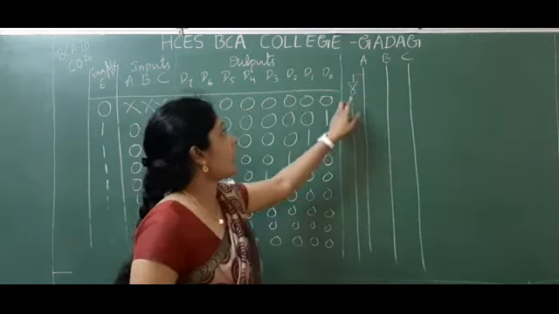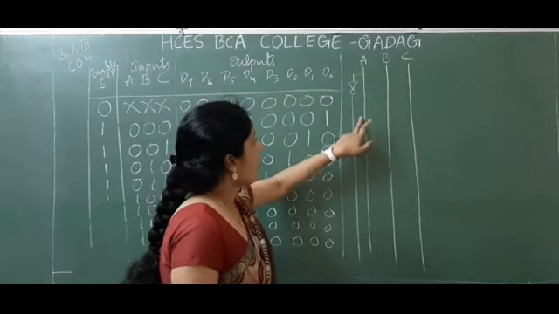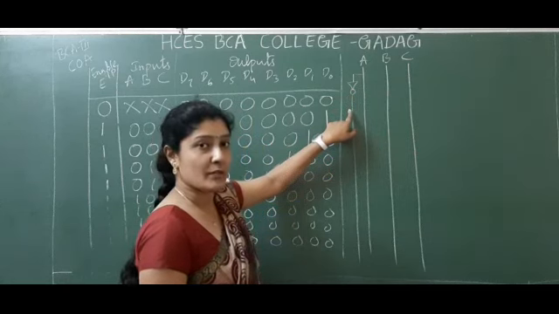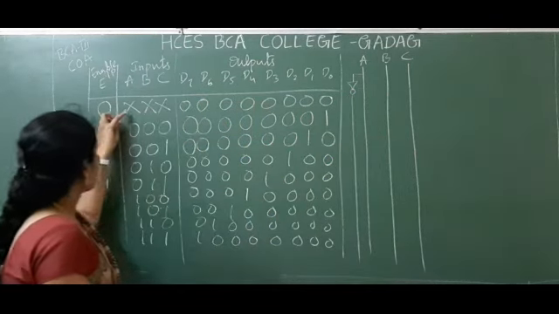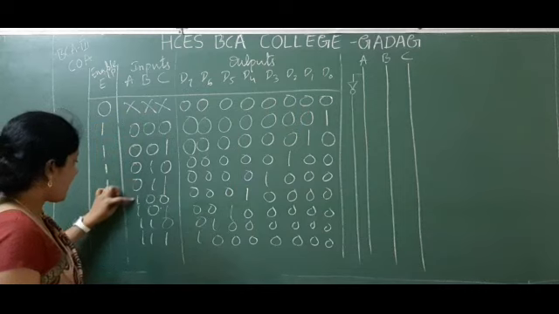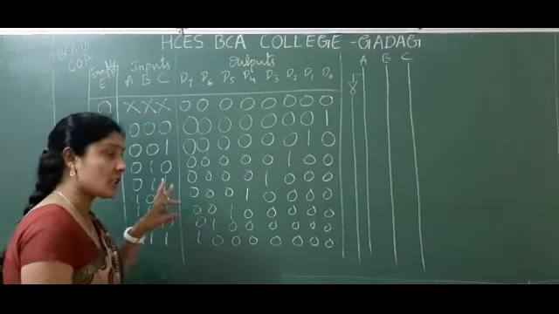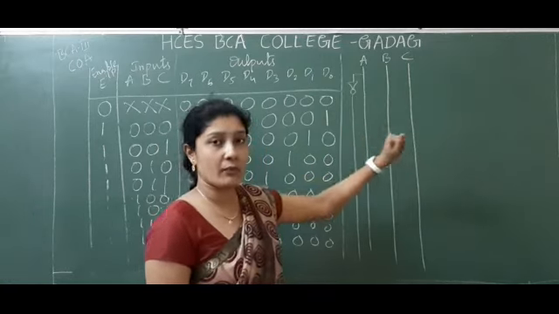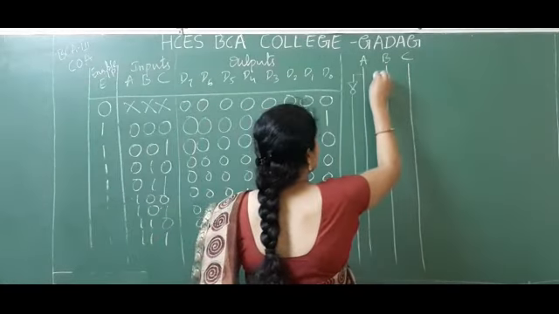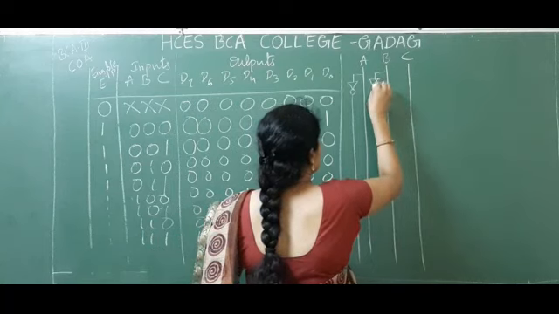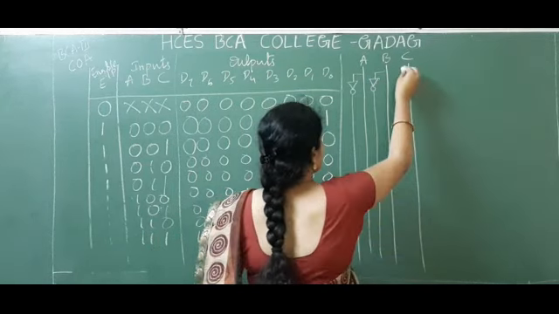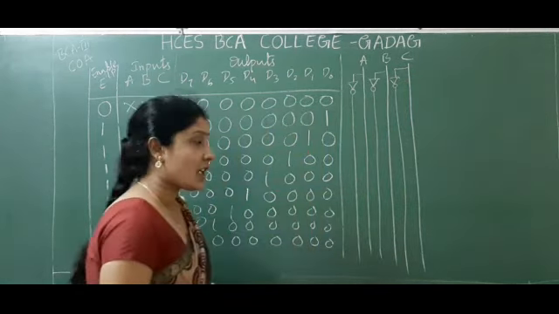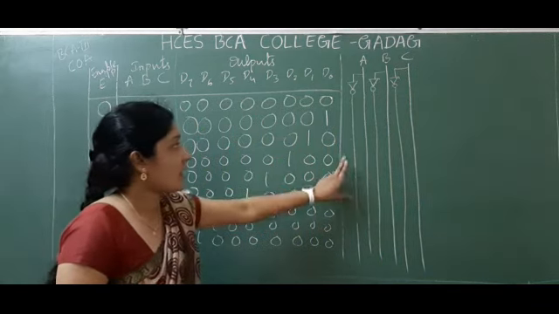I am taking not gate here because the lines are nothing but 1, and if we take not gate, that becomes 0, because every input may be either 0 or 1. So we must have both the lines. So this line is 1 and this line is 0. Similarly for BC. So this is about input lines.